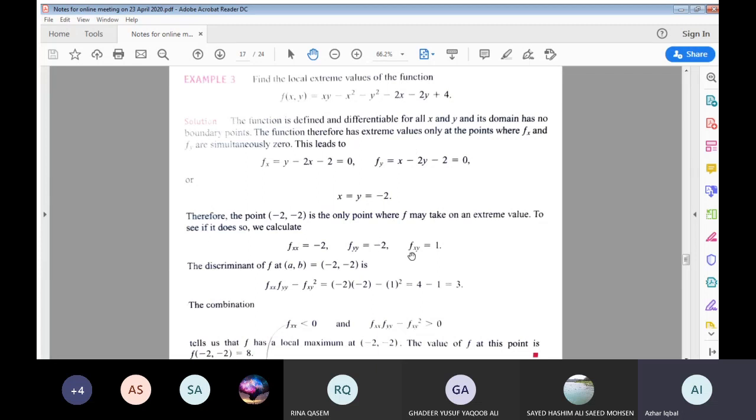And if you differentiate f_x with respect to y, it gives you 1. If you know these three quantities, then you can find the discriminant of f at this point (a, b).